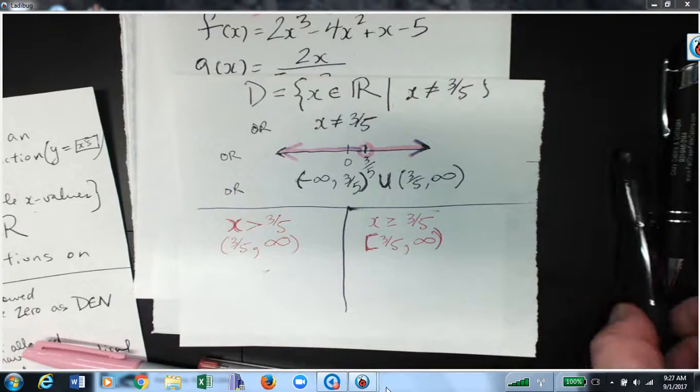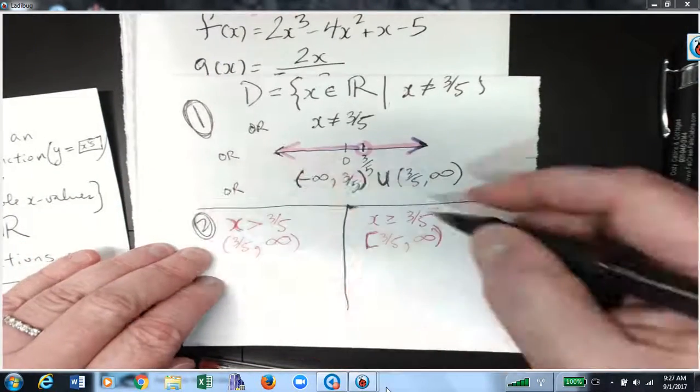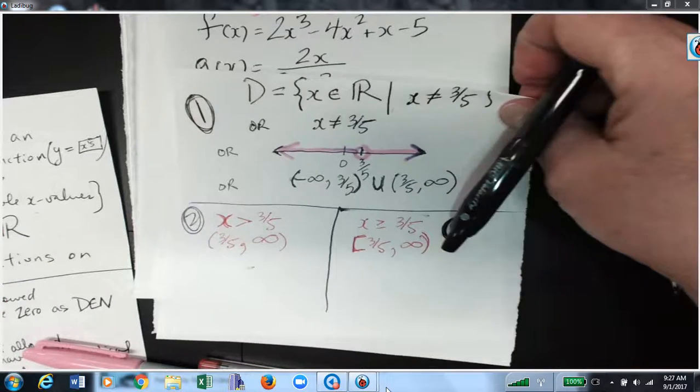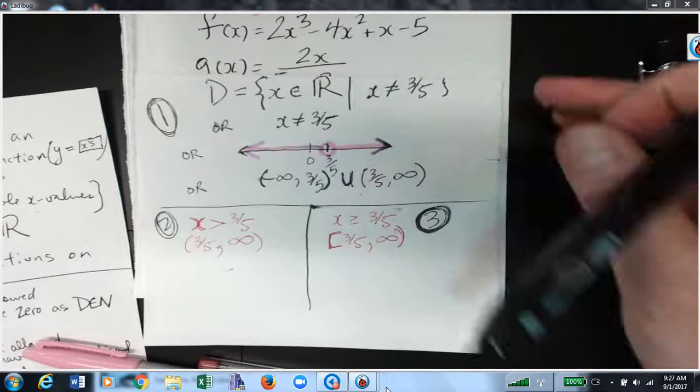So if this is my first selection, this is my second selection, and this is my third selection, what do you think the correct answer is going to be for the function h? What's going to be the domain?